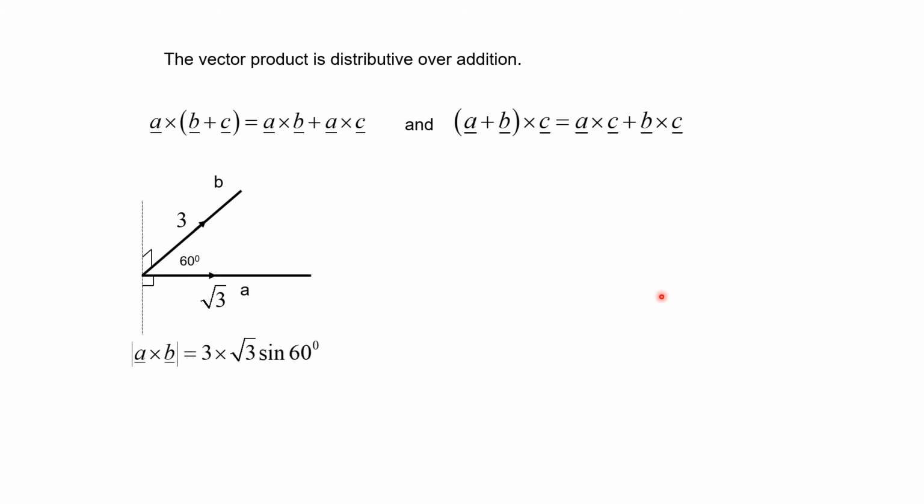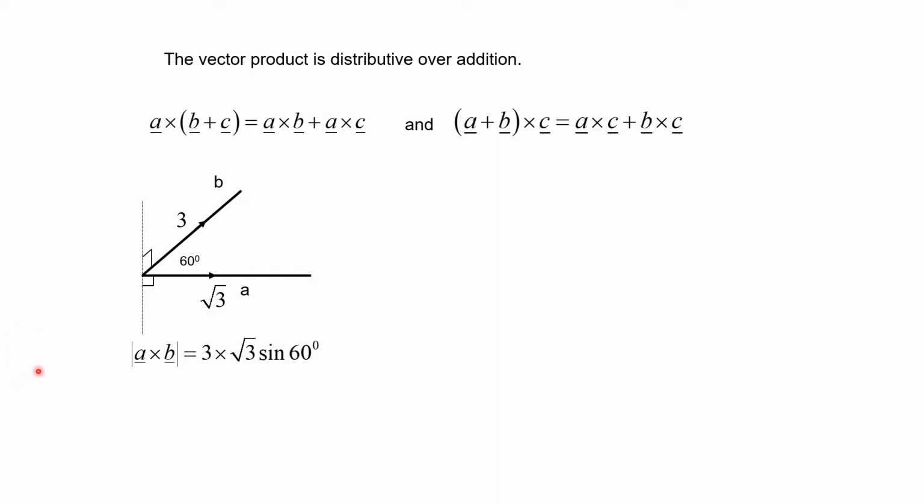Next, for example, if you need to identify the cross product for these two vectors. A has a magnitude of 3 and B has a magnitude of 3, and the angle between vector A and vector B is 60 degrees. They are both pointing out from the origin here. We take the direction of 3 as positive.